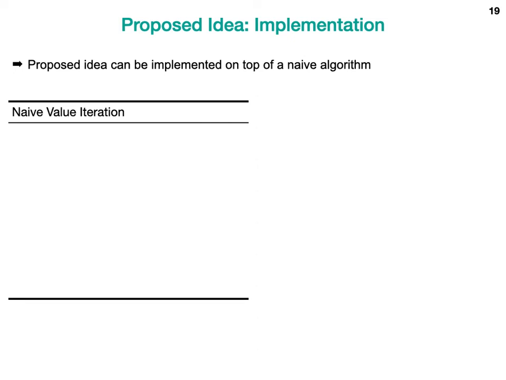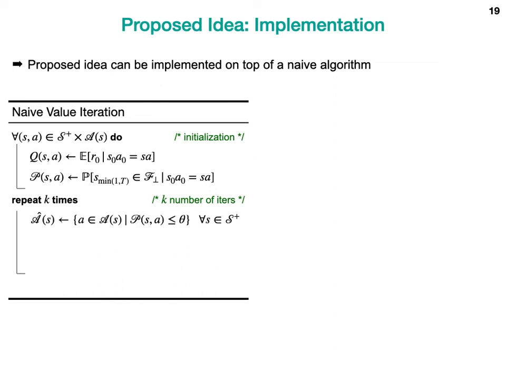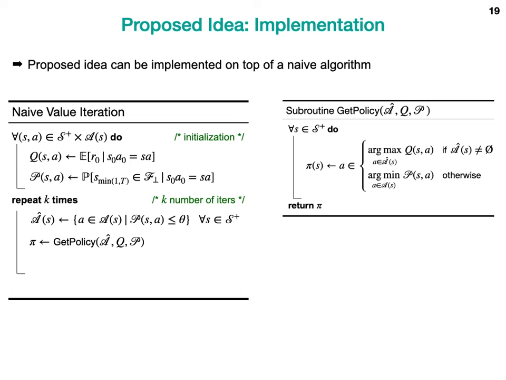Here, we consider naive value iteration, which first initializes the P and Q arrays, for example, in this way by using the MDP, and then runs k iterations where we find the estimated set of all safe actions for each state, and then get the next policy from those constrained action sets and Q and P arrays.